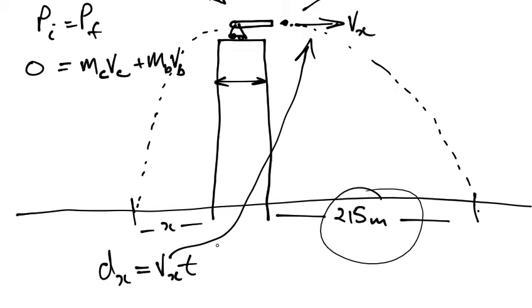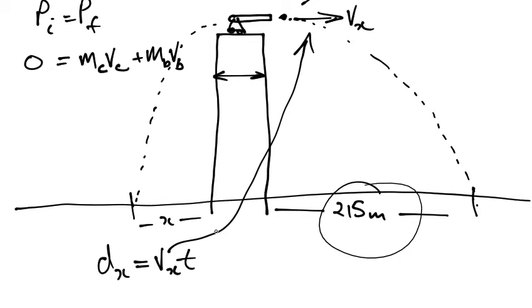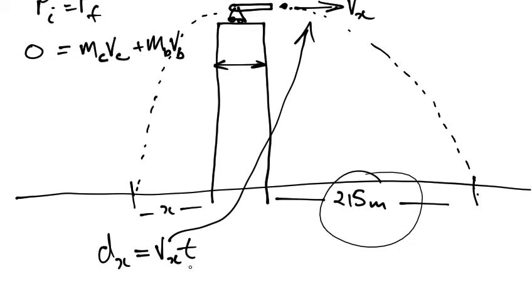So now that we know that, we can say, all right, well, that's all fair. If we knew Vx, then we know that Vx must be this velocity here, right? So this is also the same as Vx. And we can work this out.